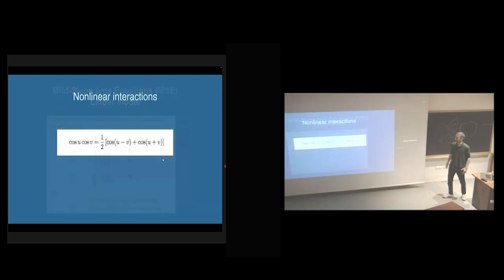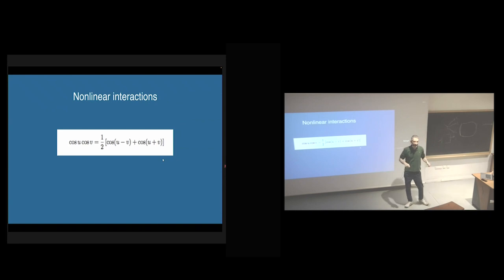Okay, but we have nonlinear effects, yeah? So this is a second equation. We know it from high school, so that's okay. If you multiply a sine, that is the solution of this harmonic oscillator, by another sine, you have the sum of all of them.